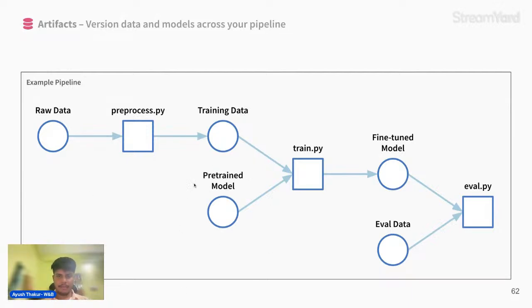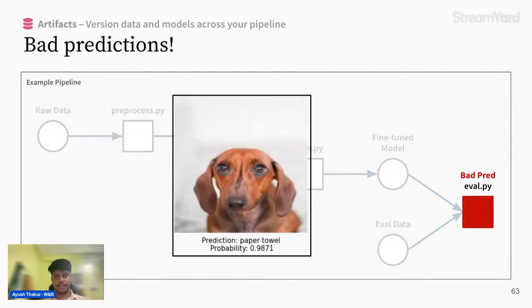You take a pre-trained model, like a ResNet 50, for example. Then using this training.py script, you fine-tune the pre-trained model, and then you take the evaluation data and evaluate. That's a typical pipeline that you might encounter at this stage.